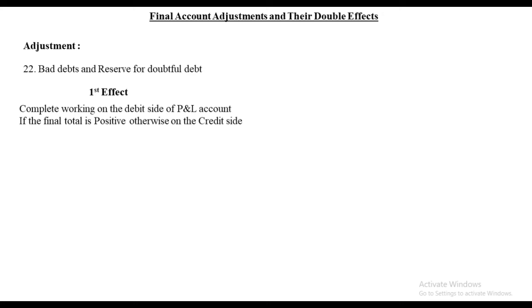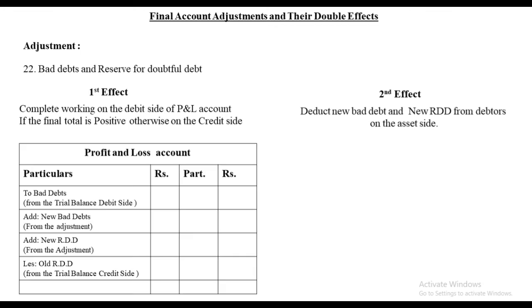Meaning if the total amount is positive, it will come on the debit side of P&L, otherwise on the credit side. And second effect, we need to deduct the new bad debts and the new RDD from debtors on the asset side.